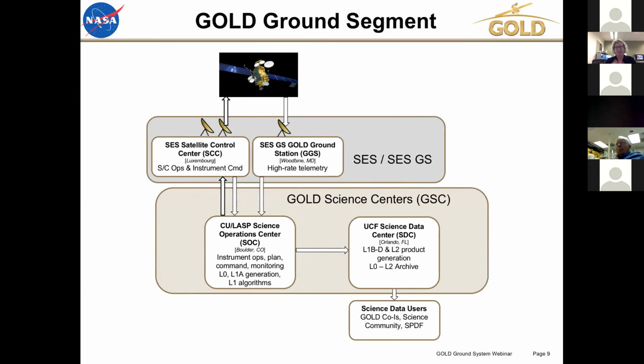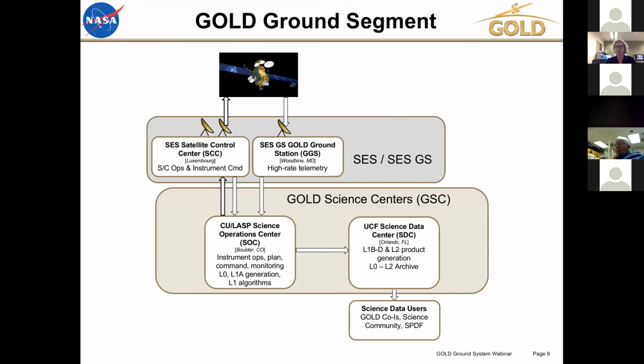Again, in upcoming slides, we'll discuss each of the definitions for each of the science data levels. But for now, it's enough to say that once those level 1 files are generated, we send that data to the University of Central Florida's Science Data Center in Orlando, Florida.